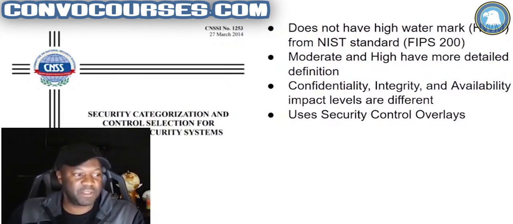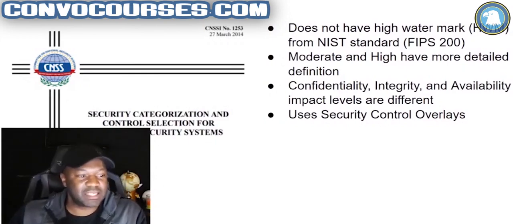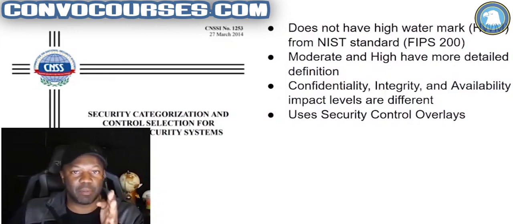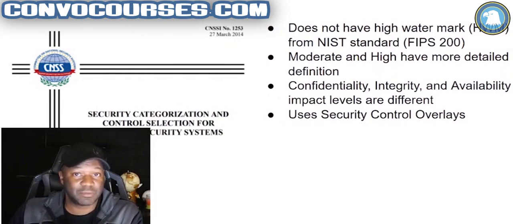CNSSI 1253 goes into great detail about national security systems. There are a few things about national security systems that set them apart from the NIST Risk Management Framework 800 series, and a little bit even from the run-of-the-mill DoD Risk Management Framework IT systems. Because you have to remember, there's a difference between, say, a Leave and Earnings Statement database, a system that prints out the military pay for Marines, right?